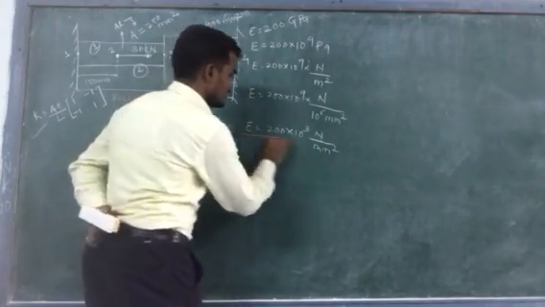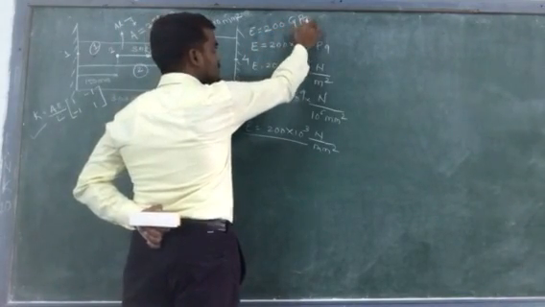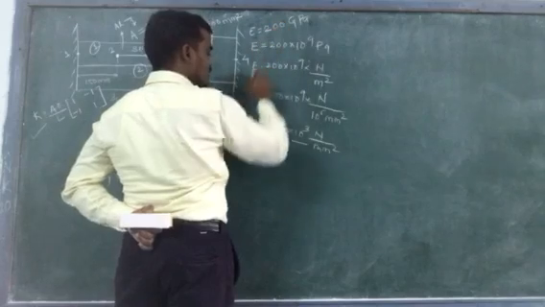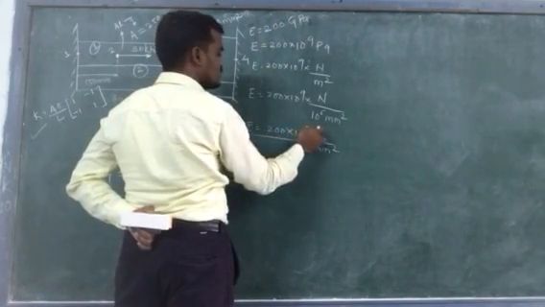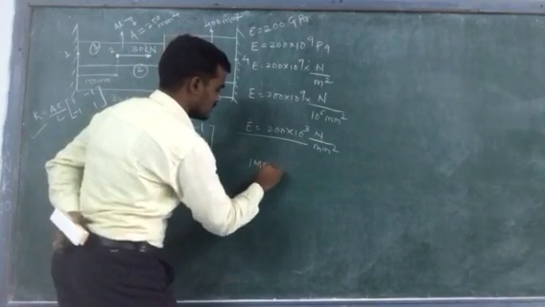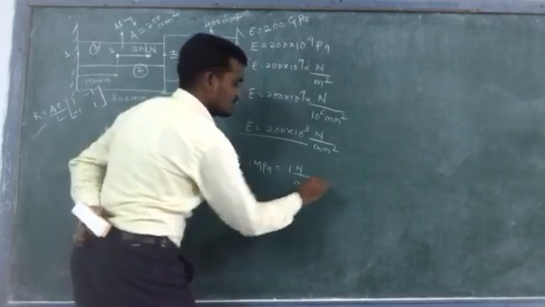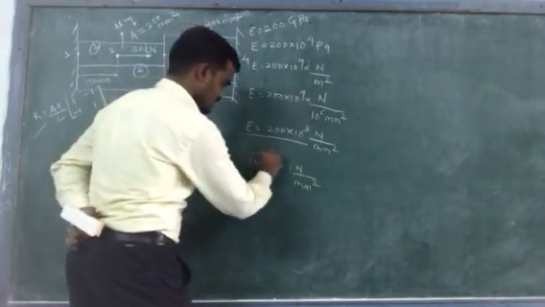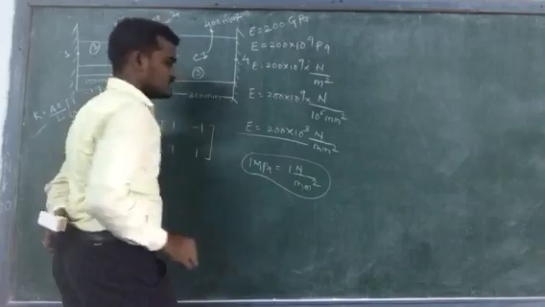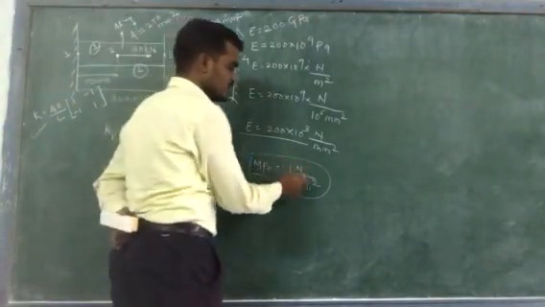So finally, you need to write down E is equal to 200 gigapascal, which is nothing but 200 into 10 raised to power 3 Newton per mm square. Actually, we know that 1 megapascal is equal to 1 Newton per mm square.